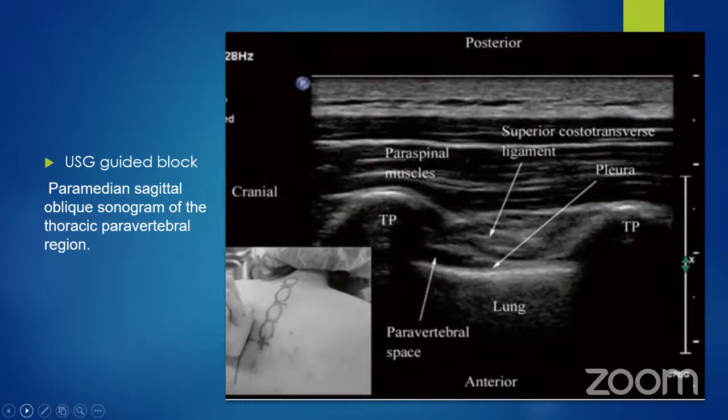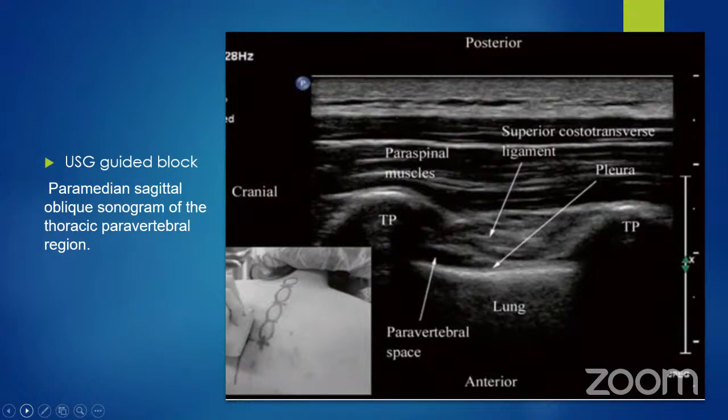In the sagittal approach, local anesthetic is deposited inferior to the superior costotransverse ligament. And in the transverse approach, local anesthetic is deposited deep to the internal intercostal membrane. So in the paramedian sagittal approach, we have to pierce the skin, subcutaneous tissue, and paraspinal muscles like trapezius and rhomboids, and then we proceed to the superior costotransverse ligament.